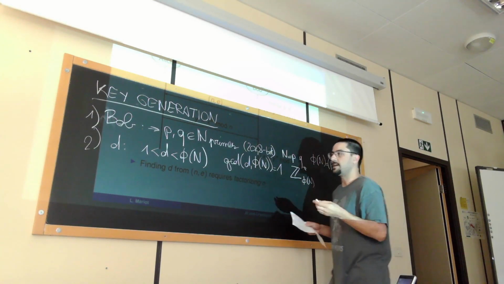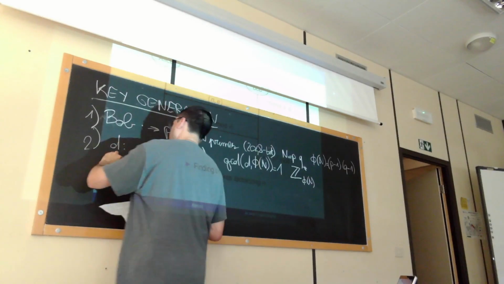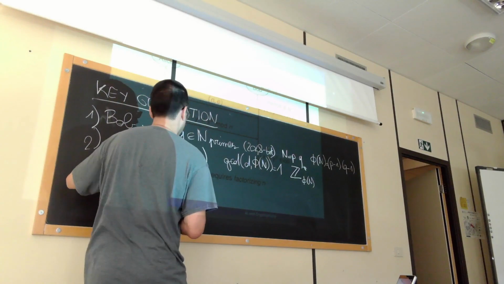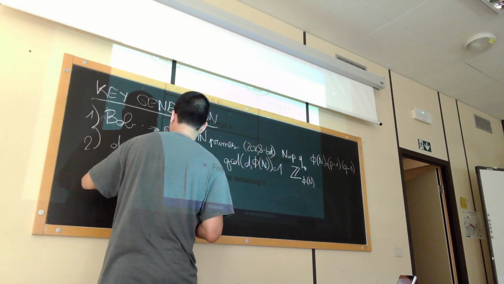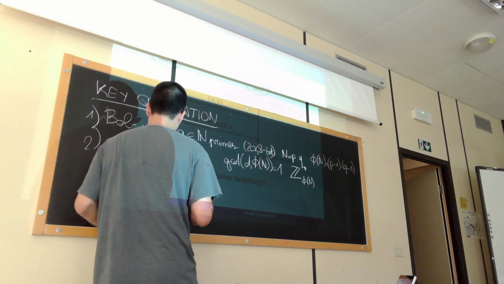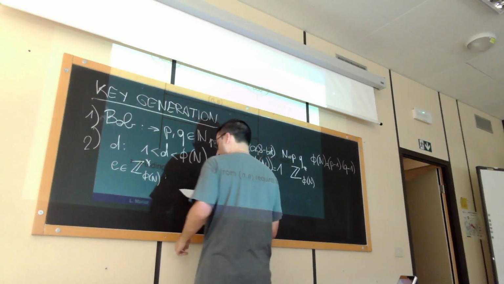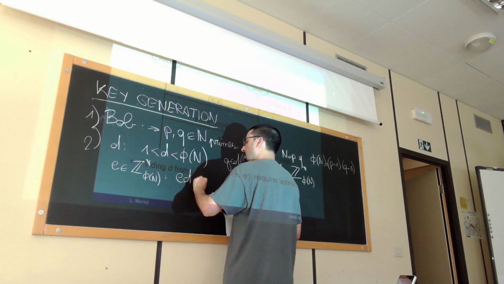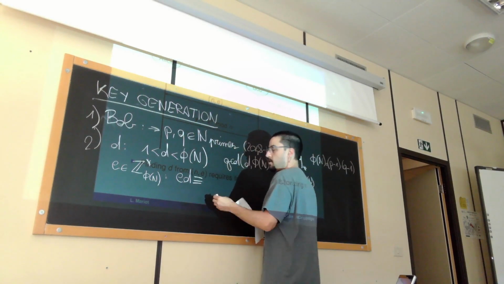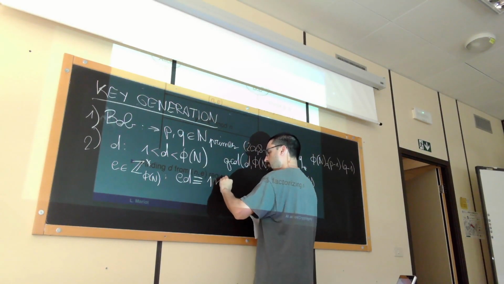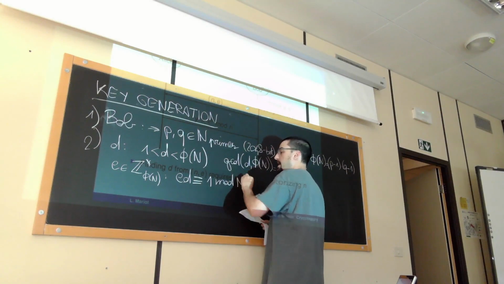So it means that we can find E, which is in that same multiplicative group, Z of phi of n star, such that if we multiply E and D, the result will be congruent to 1 modulo phi of n. What does it mean?